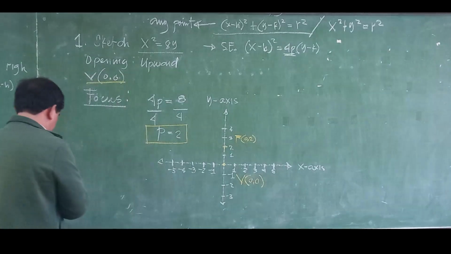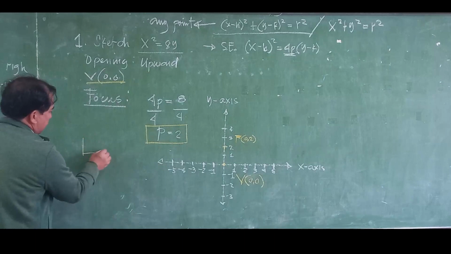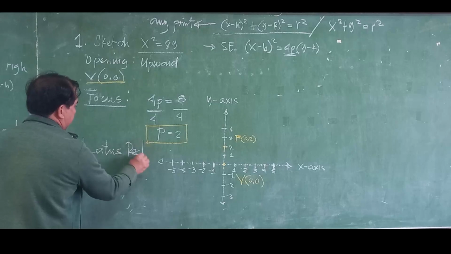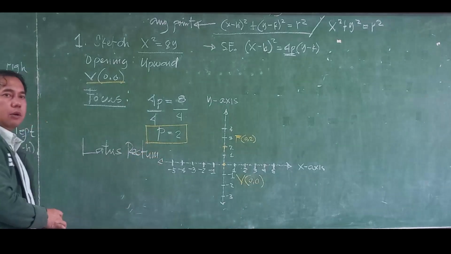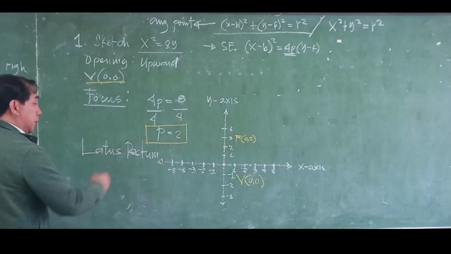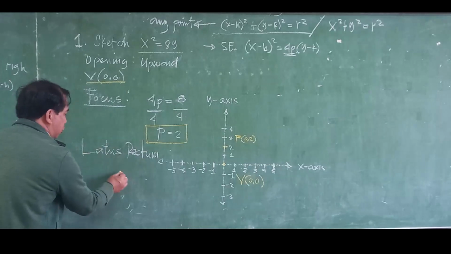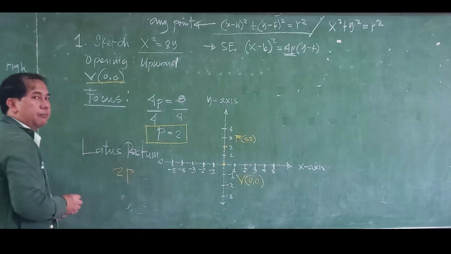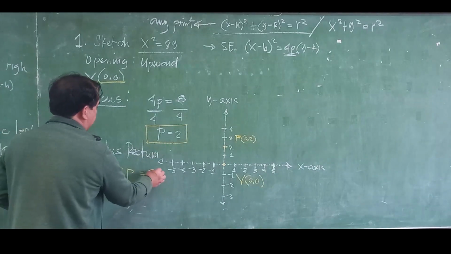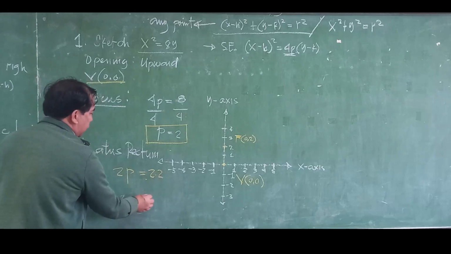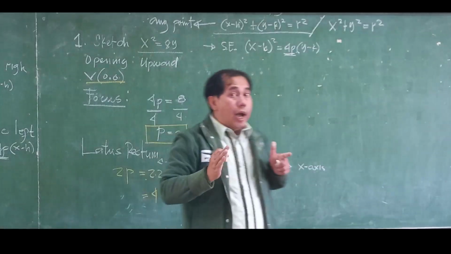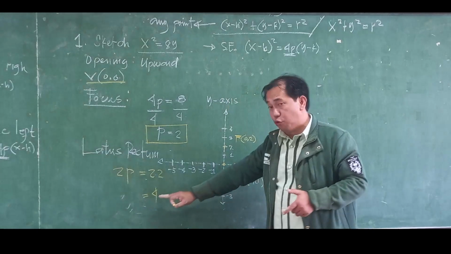Now, one by one, we only do the half. What is the half of the latus rectum? 2p. But what is p? 2. So that is the same as 2 multiplied by 2. So we have now 4. Meaning, half of the latus rectum has a measure of 4.